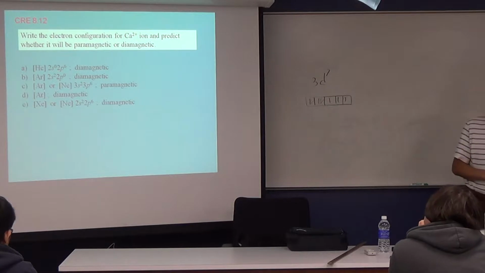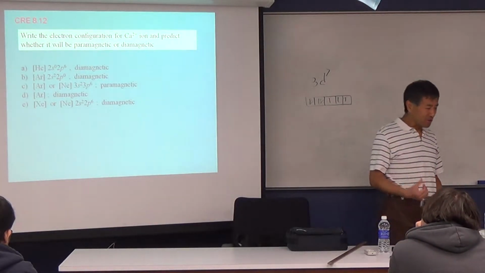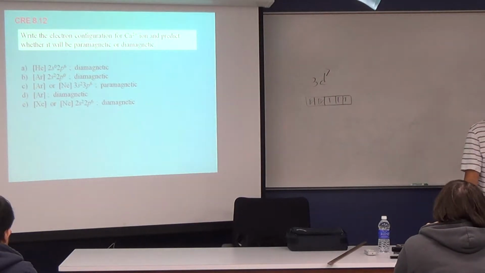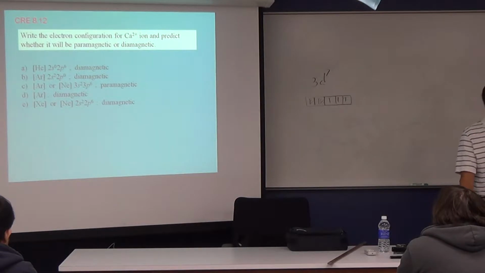And compare this one with the cobalt 2 plus. Now this one is the Ca2 plus. That means you have to first figure out what the group is. Is this group A?